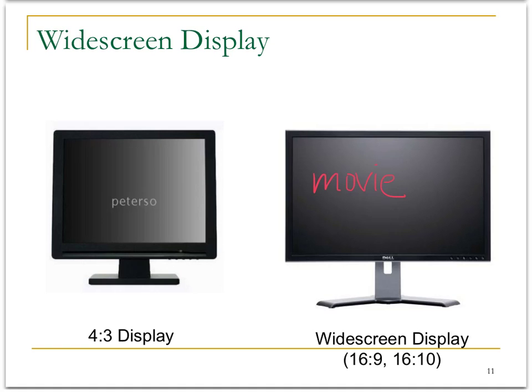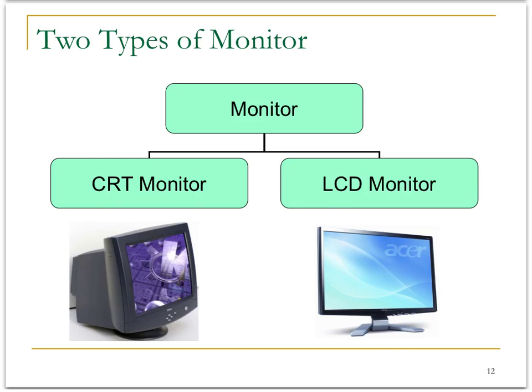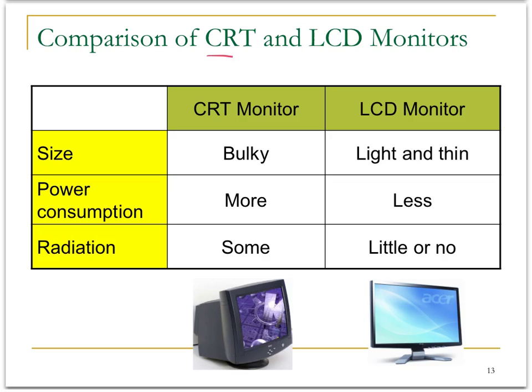Now we can compare these two different types of monitor: the CRT monitor, the bigger, bulky one, and the LCD monitor, which we now commonly use in daily life. We can compare them by size, power consumption, and the amount of radiation emitted.